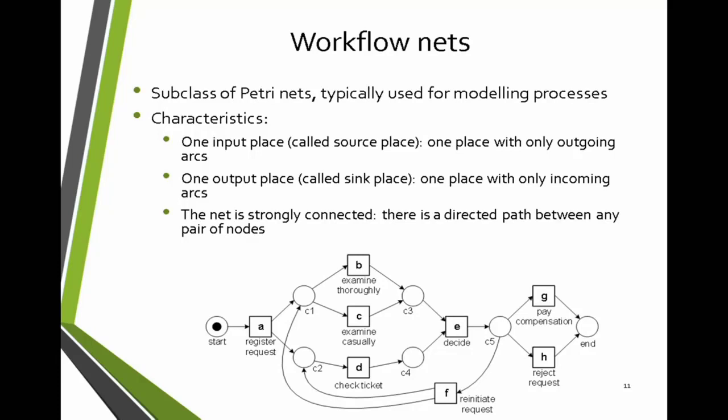That's fine, but only one place has the characteristic that it has no incoming arcs. And the same holds for my sink place. In the model, I also have one place where I have no outgoing arcs, and only one, right? That's already two characteristics that we need in order to define a workflow net.